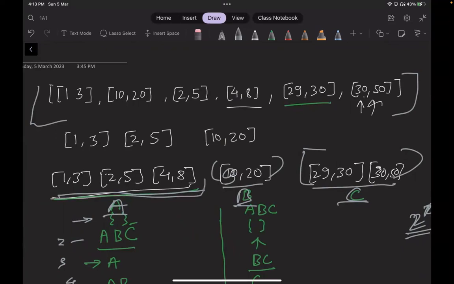So let's say if we merge these intervals, finally the number we are going to get is 1 comma 8. And because this one has only one interval, it will be 10 comma 20 only. The next one will be 29 comma 50.